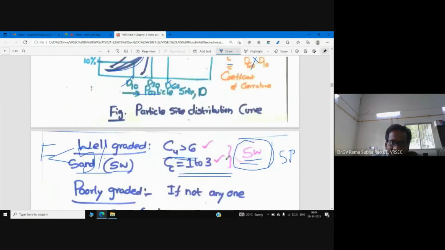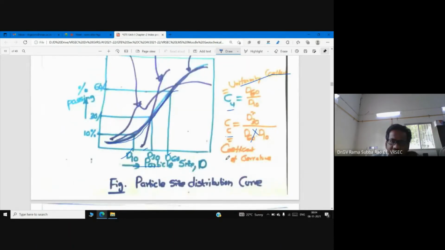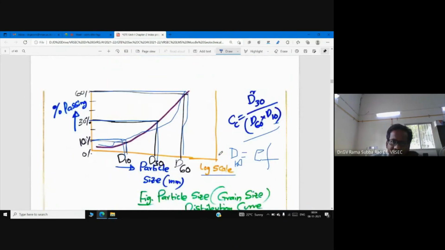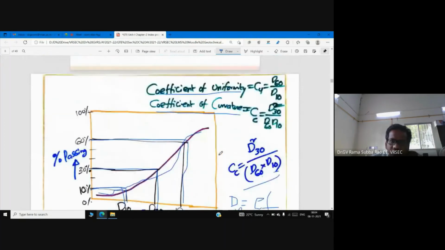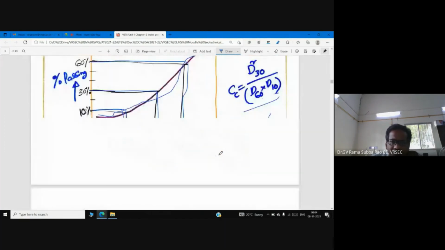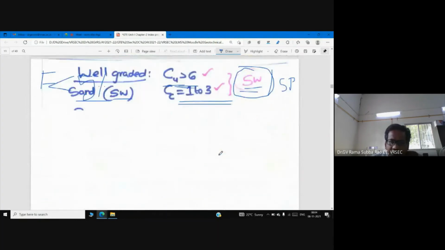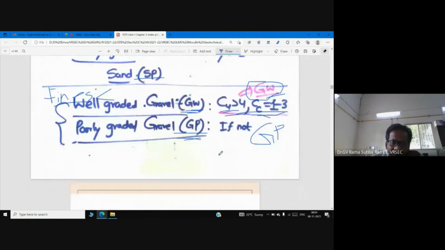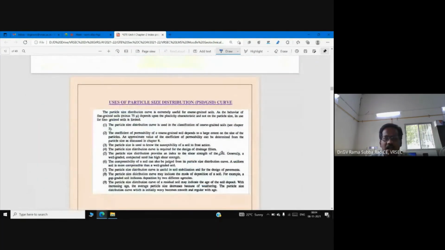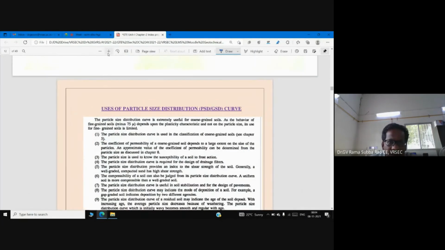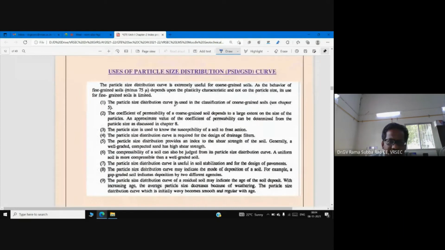So this is the discussion about how to classify coarse grained soil, especially using the particle size distribution curve. This is the main advantage of drawing the particle size distribution curve, also called the grain size distribution curve, or simply the gradation curve. Here I am going to tell you the uses of the particle size distribution curve.